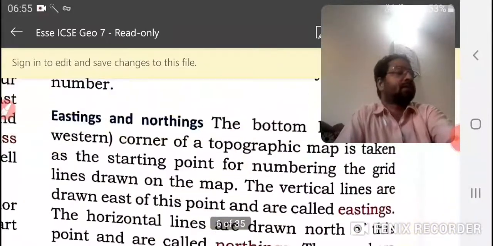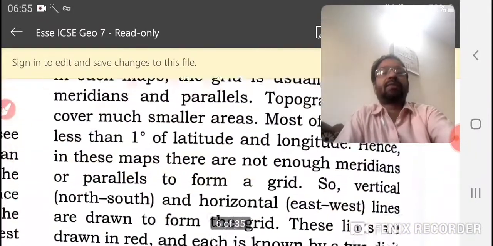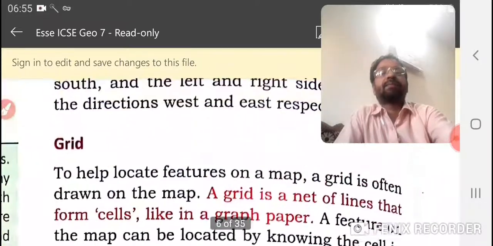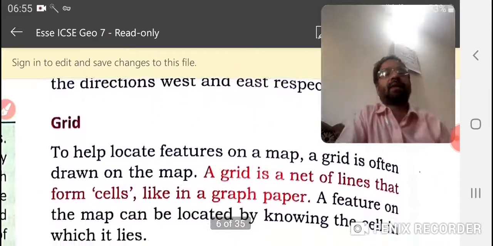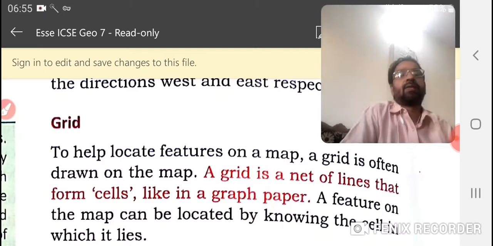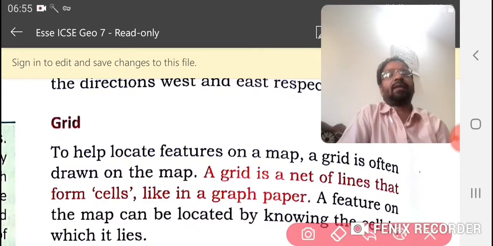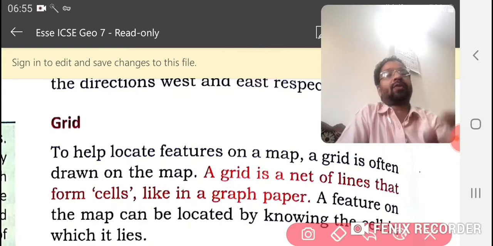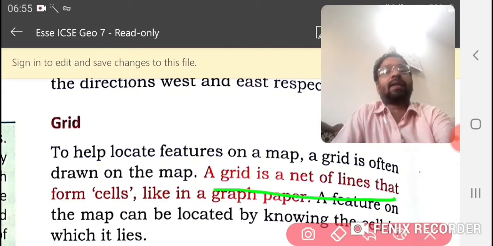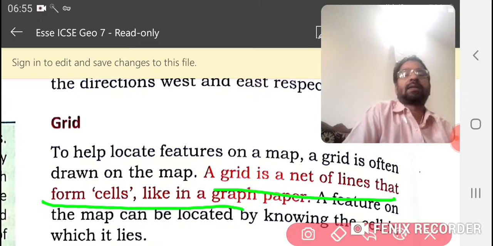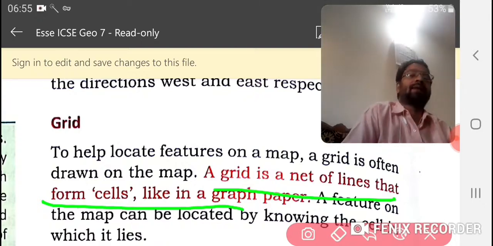Now, let us study the grid. While we are studying the grid, we have to understand what we mean by grid. A grid is a net of lines that form cells like in a graph paper.